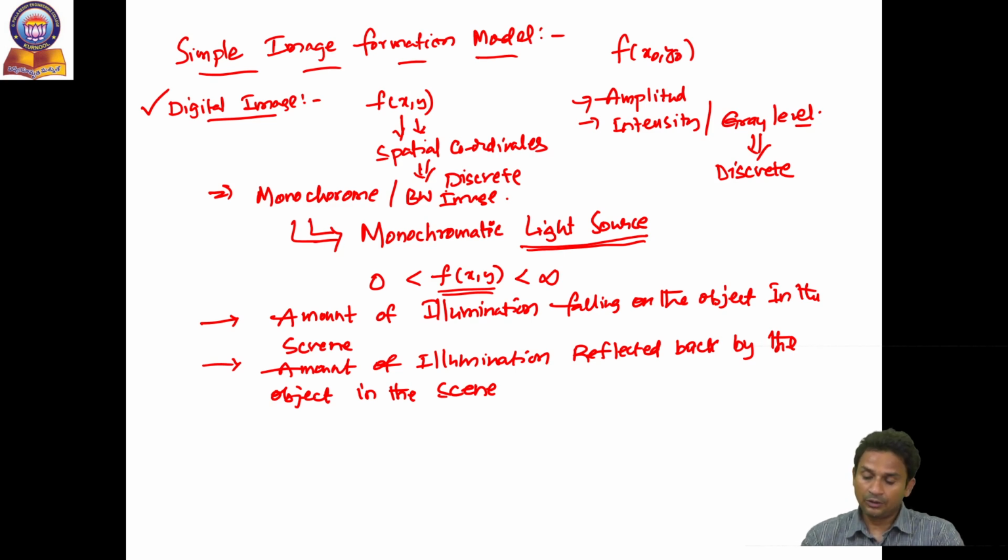The amount of illumination that is falling on the object is called the illumination component. And the amount of illumination that is reflected back by the object in the scene is called the reflectance component.